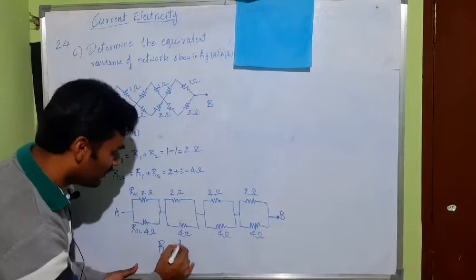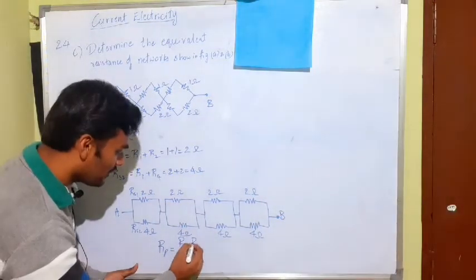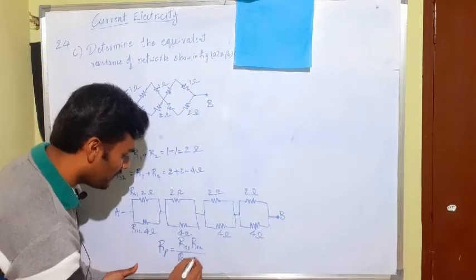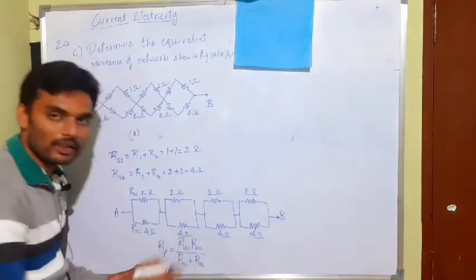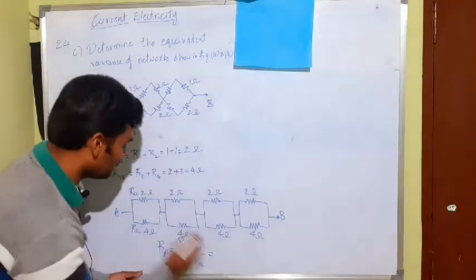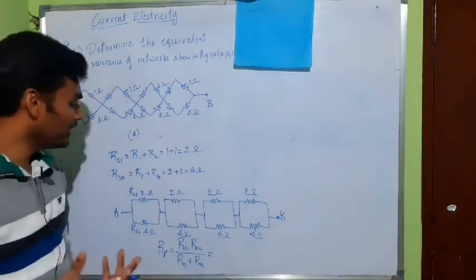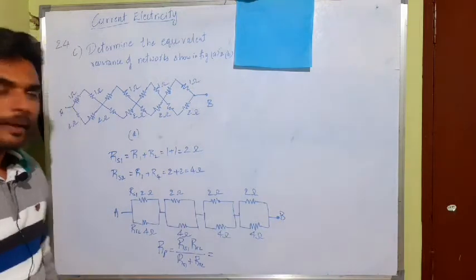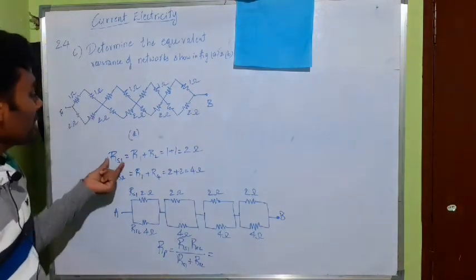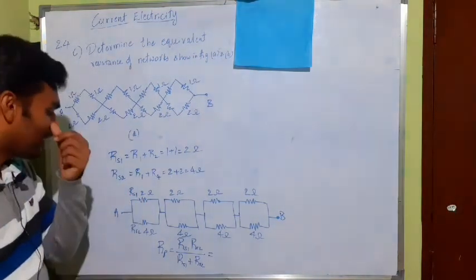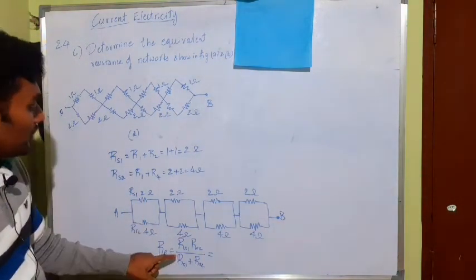So RP is equal to RS1 RS2 divided by RS1 plus RS2, because RS1 and RS2 are in parallel. You can name them as R5 and R6, that's also fine, but since I took them as RS1 here, I just keep the name as RS1.